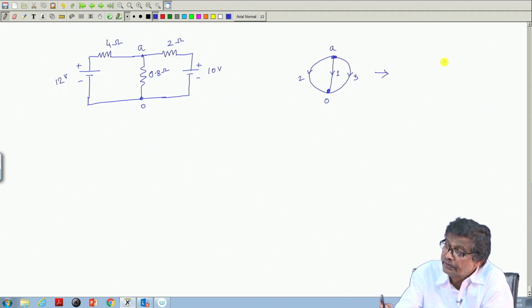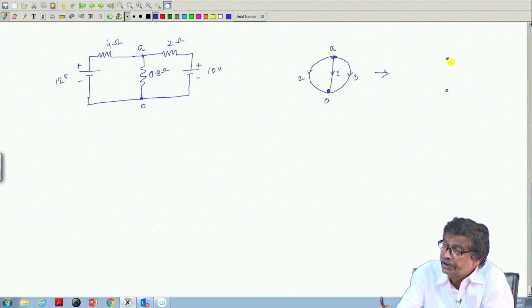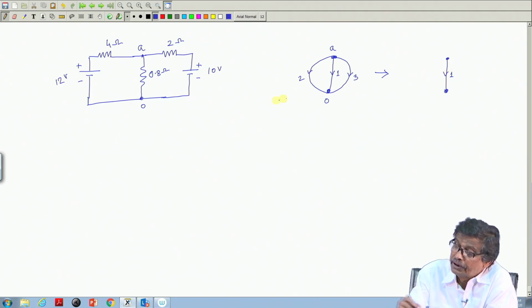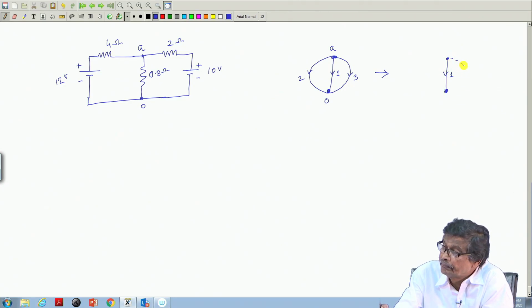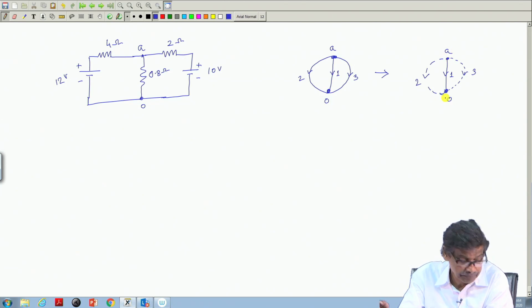One tree let me draw. These are the two nodes. All the nodes should be connected, but there should not be any loop. So, this is one tree. And what will be the links of this? This is one link, this is link number 3 and this is link number 2, this is A, this is O. Got the point?